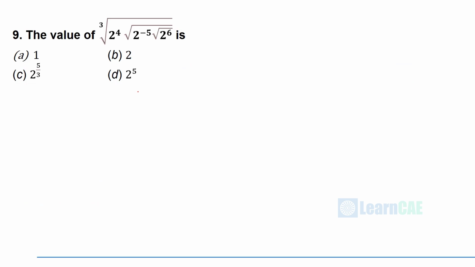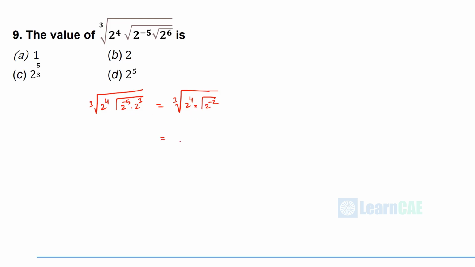Okay. Next question. This is another simplification problem. We have to solve this given expression. We have to start from the innermost root, that is square root of 2 power 6. So the given expression can be written as cube root of 2 power 4 into square root of 2 power minus 5. Square root of 2 power 6 is nothing but 2 power 3. So this is again cube root of 2 power 4 into square root of 2 power minus 2.